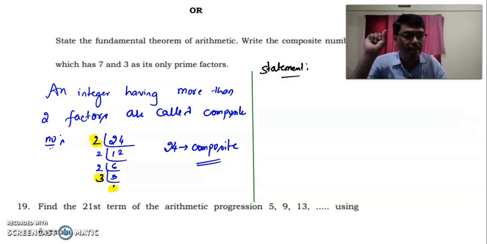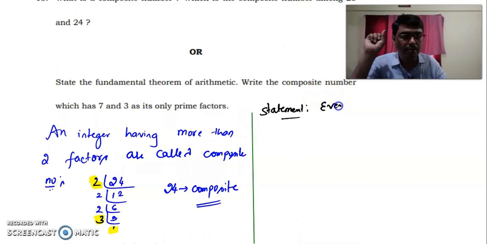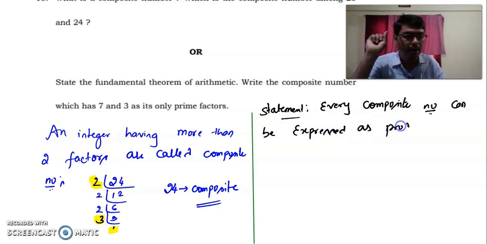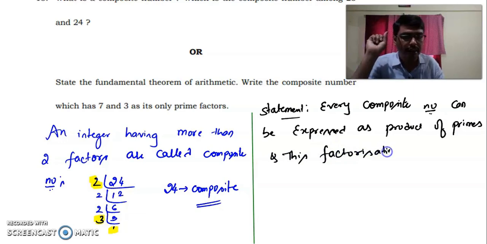The theorem states that every composite number can be expressed as a product of primes, and this factorization is unique apart from the order in which the prime factors occur.